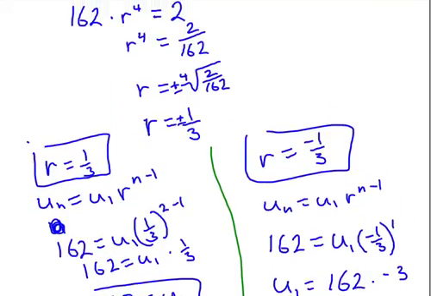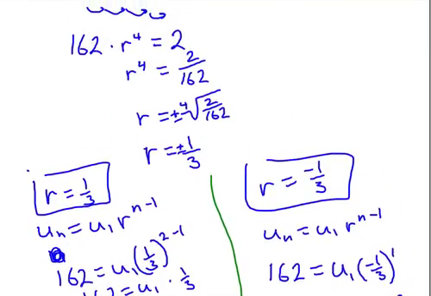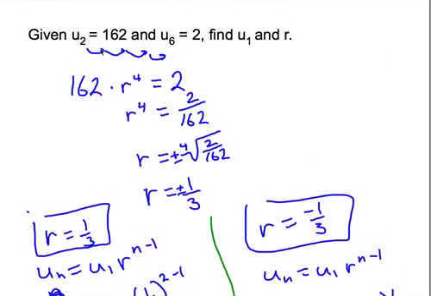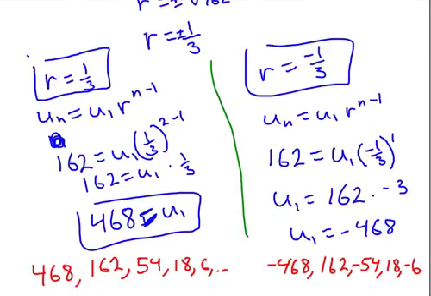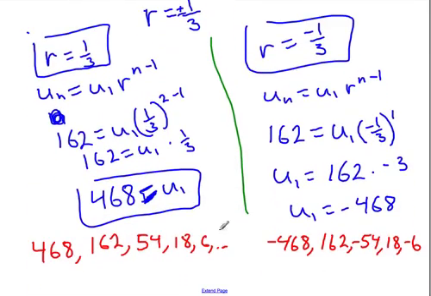But both those sequences have u sub 2 equal to 162 and u sub 6 equal to 2. If you continue on to the next number in the pattern, we have 2, and the next one over here would also be 2. So both of them have 2 and 162 in those terms.